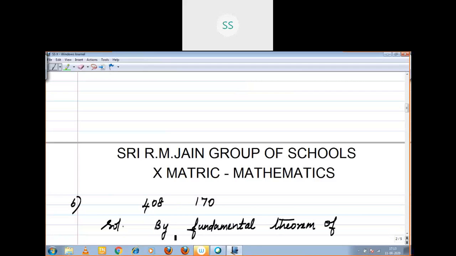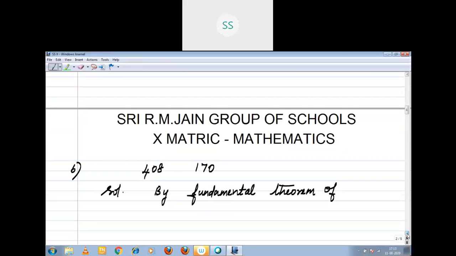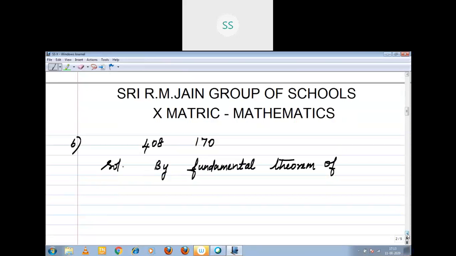Fundamental theorem of arithmetic. What does it say? I told you every composite number can be expressed as a product of prime numbers, right? By the fundamental theorem of arithmetic, every composite number, although in the definition it is given as natural, that is also a composite, right?